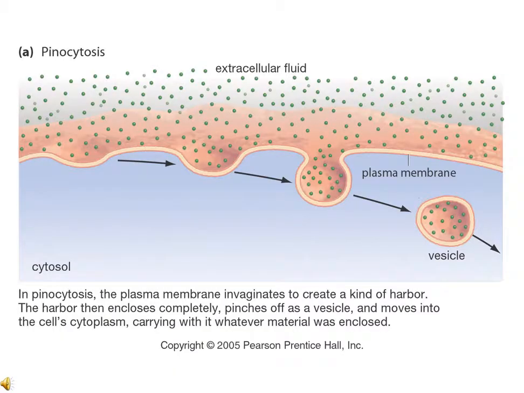Now, we're looking at a cell, and in this case, the cell is going to carry out the process of pinocytosis. As you can see, the green molecules are on the outside of a cell. They come in contact with the membrane. A vesicle is formed, bringing in the material to be utilized by the cell.